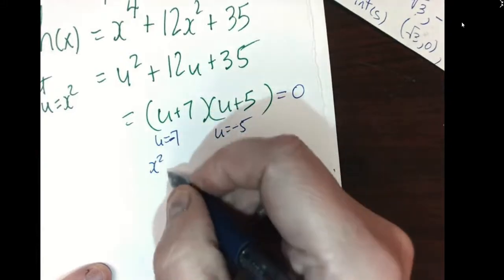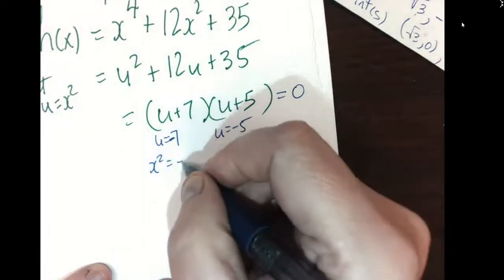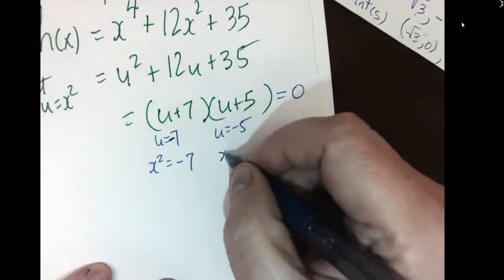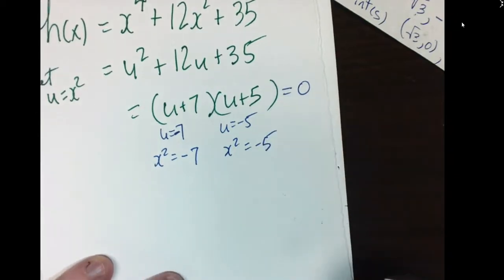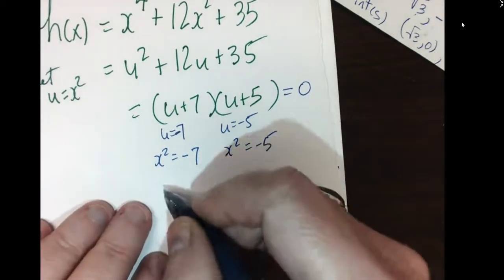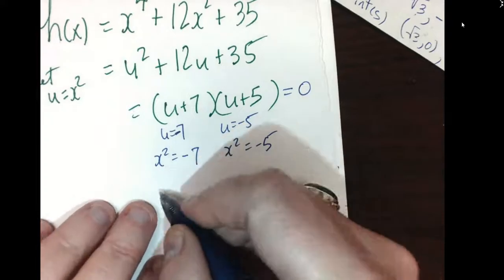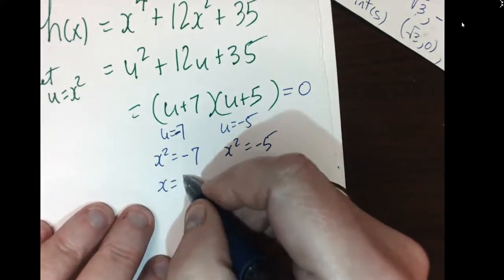So x squared is equal to negative 7, and x squared equals negative 5. To find the zeros, I need to get what x is, so I take square roots of both sides.